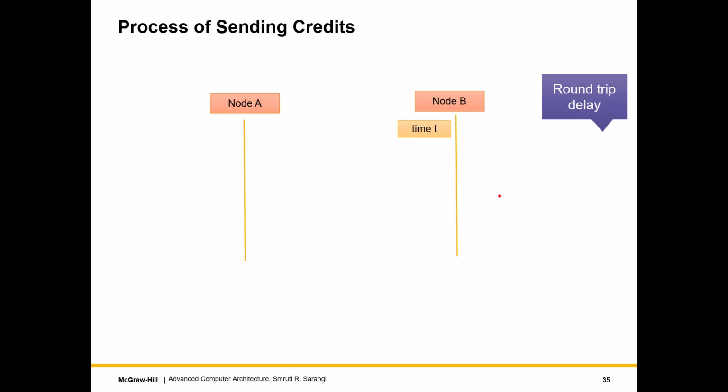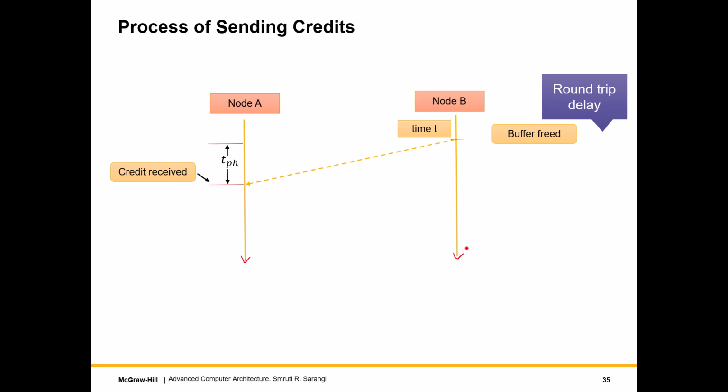So let us look at the process of sending credits, and let us also look at the round trip delay. Here we define the time axis for nodes A and B, and the time increases as we go in a downward direction. Let us assume a buffer at t equal to 0 was freed.